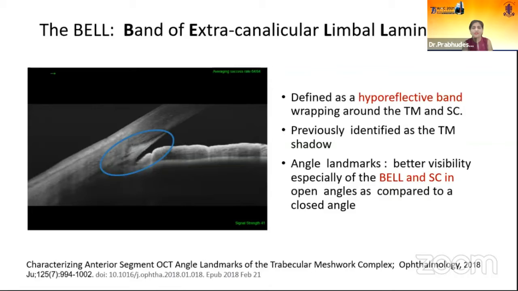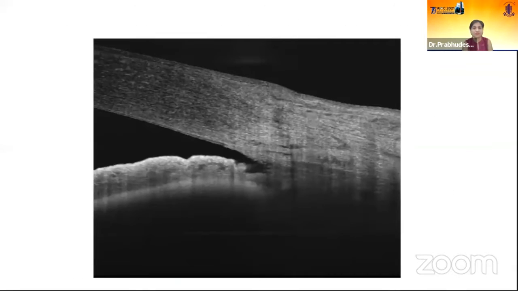Here it was previously identified as TM shadow, and people didn't know its significance, but now it has been seen that it has better visibility and is seen in open angles as compared to closed angles. So this is how we can identify the Schwalbe's line.